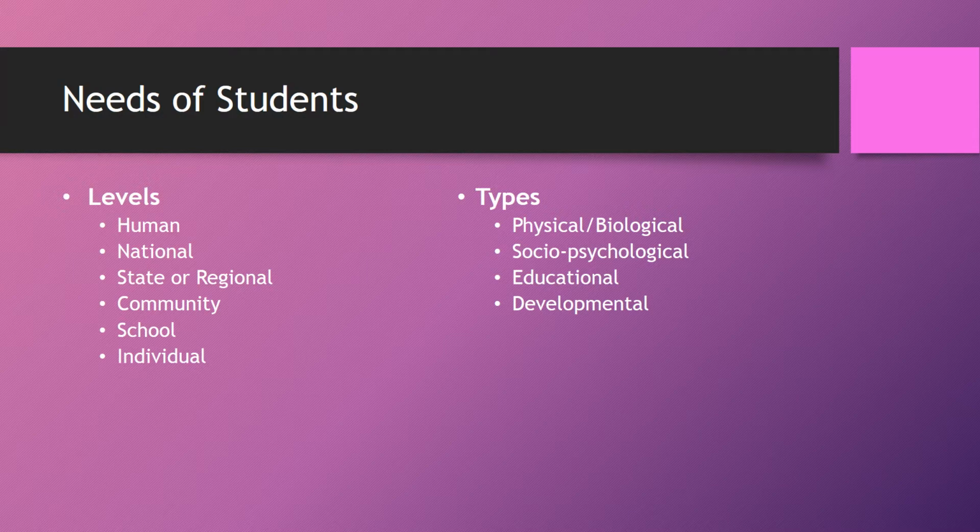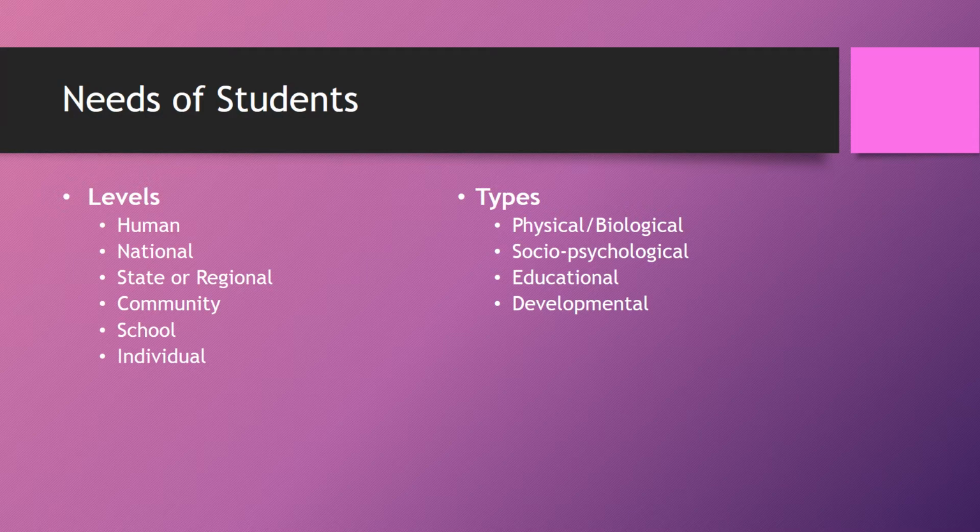As far as the state or regional levels, the state really wants us to prepare for specific careers that may be more appropriate in our area. For instance, in Florida, we might be preparing for hospitality jobs because of our tourism, or for environmental engineers, water management specialists, and biologists because of being surrounded by water.